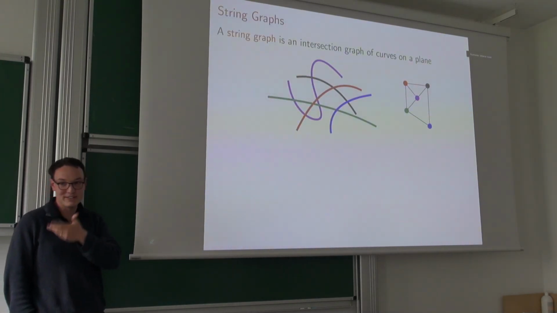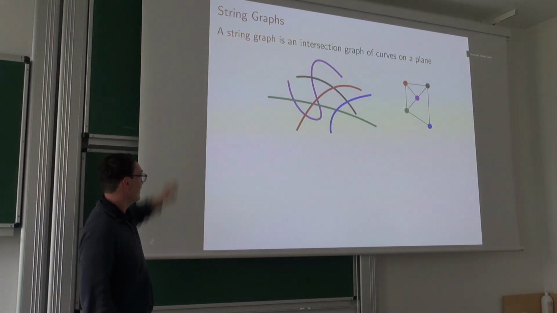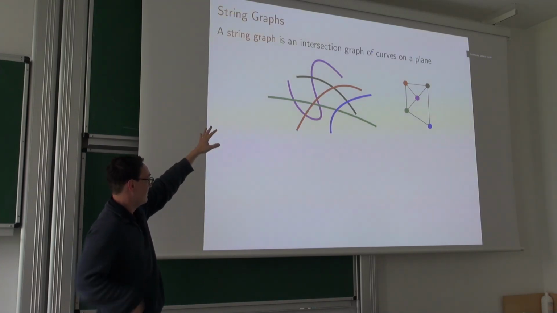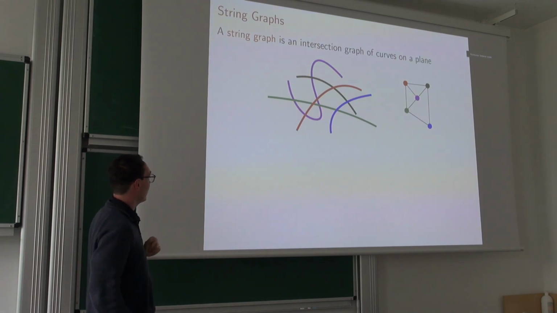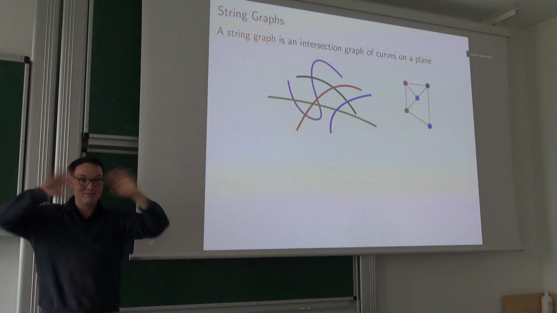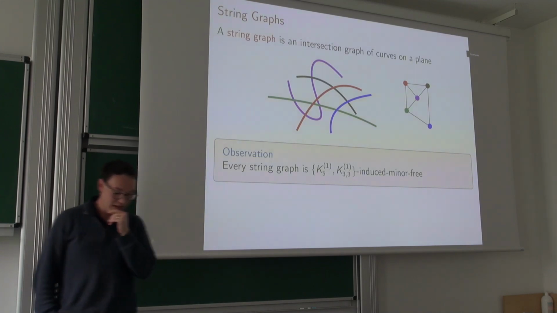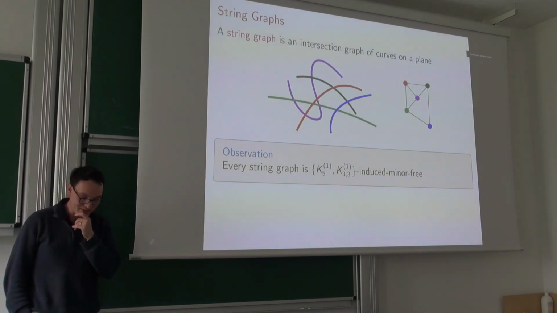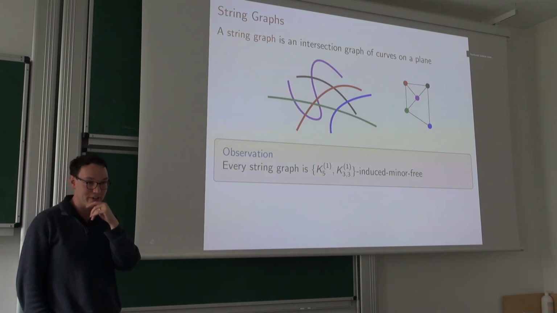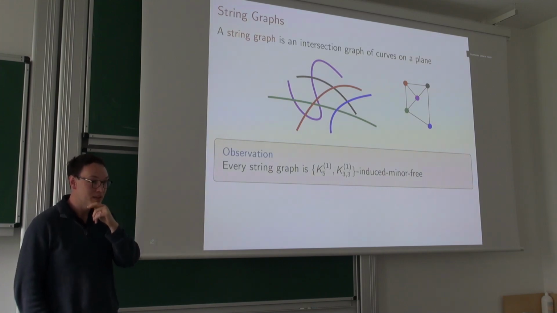So a string graph is an intersection graph of curves of a plane. So we have a collection of strings, and so you can see that the red string and the string graph is the graph on the right. The red string intersects the black string, so the red and black vertex are adjacent. And so a classic result about string graphs is they exclude the one subdivision of K5, the one subdivision of K3,3 as an induced minor.